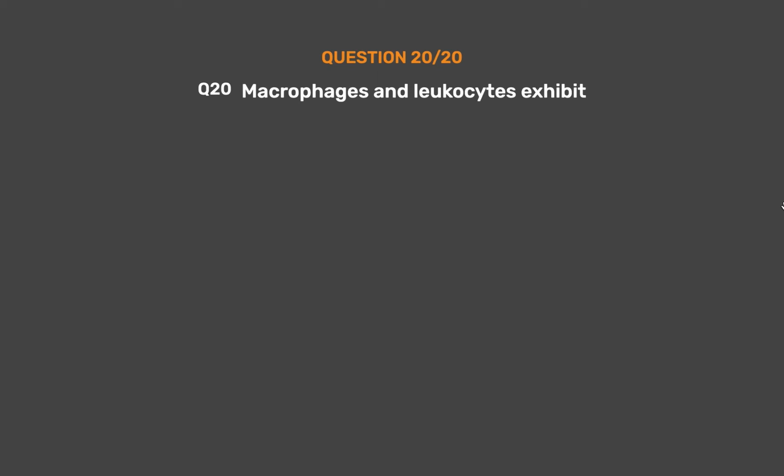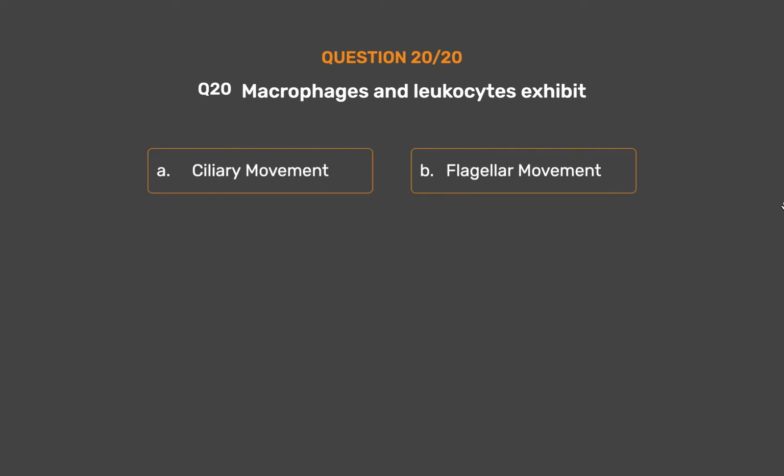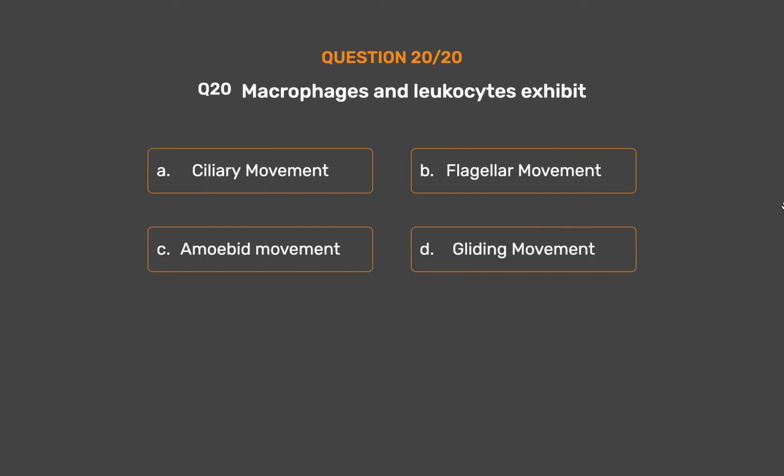Question number 20. Macrophages and leukocytes exhibit option A, ciliary movement. Option B, flagellar movement. Option C, amoeboid movement. Option D, gliding movement. The correct answer is option C, amoeboid movement.